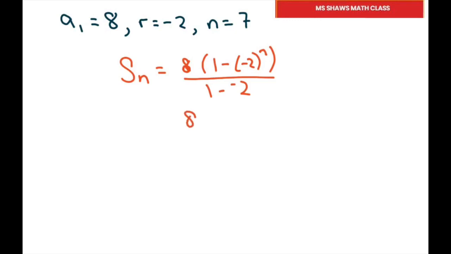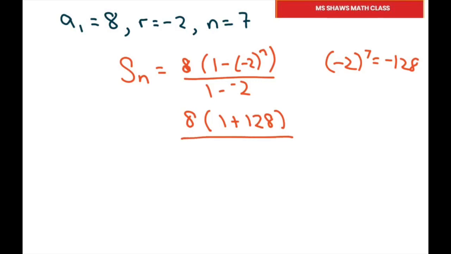So you have 8, this will be 1 plus, because with two negatives, negative 2 to the 7th is negative 128, so it's going to make it plus 128, divided by 3. So this will be 8 times 129 divided by 3. Now it's much easier to manage in your calculator. Divide it by 3, and you get 344.